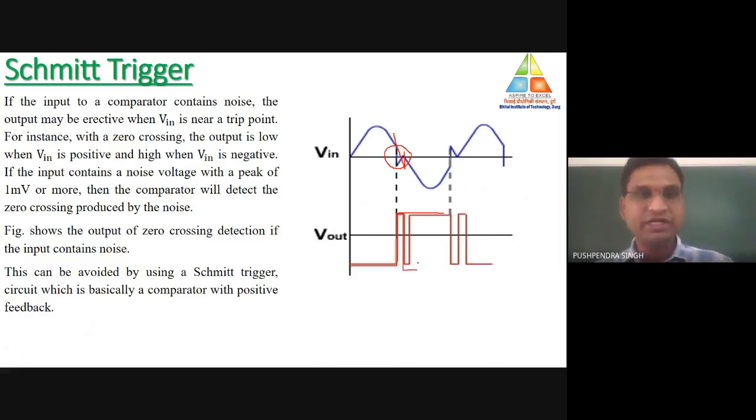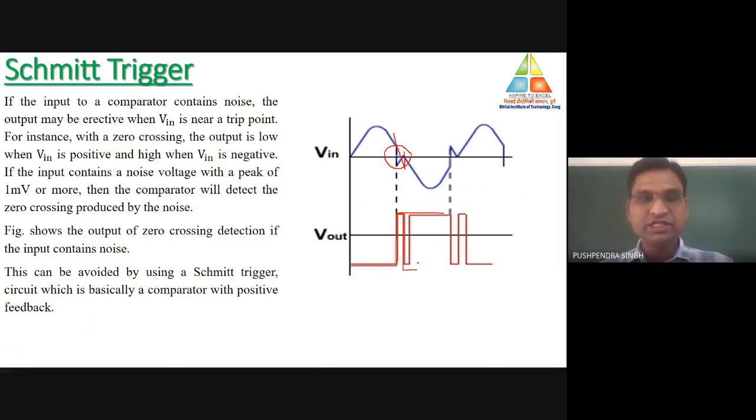That was the unwanted part added into the signal, and we don't want that in the circuit. This was the basic problem with the zero crossing detector circuit.